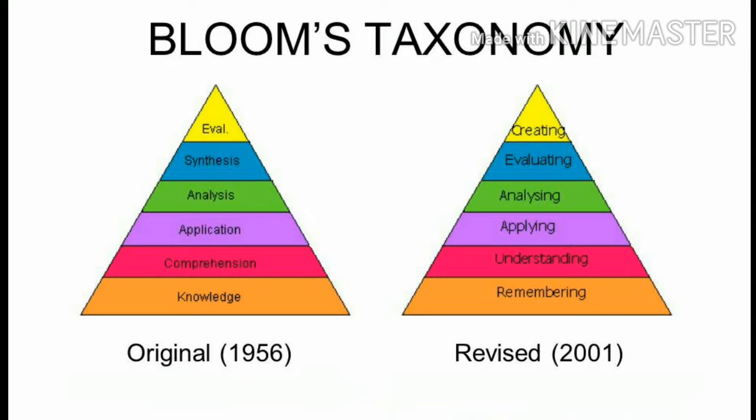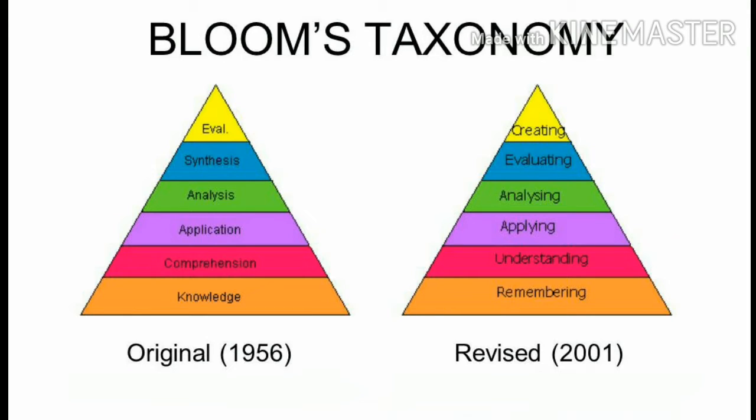So as you can see, there's a difference between the 2. The revised version changes the names of each of the levels. For example, the lowest level of the original, which is the knowledge, was renamed and classified as remembering.